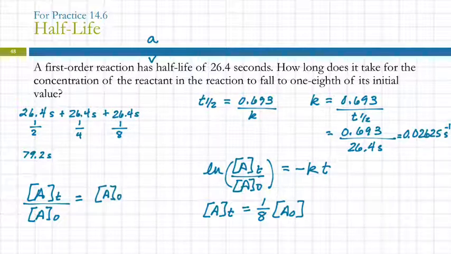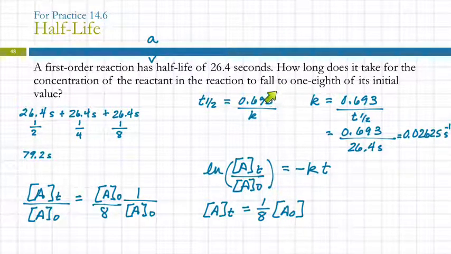A0 over 8 is 1/8 of A0, and then it's also divided by A0. So this here came from this description up here. The concentration needs to be 1/8 of the initial concentration. A_t equals 1/8 of the initial concentration. I have the 0 in the wrong place.